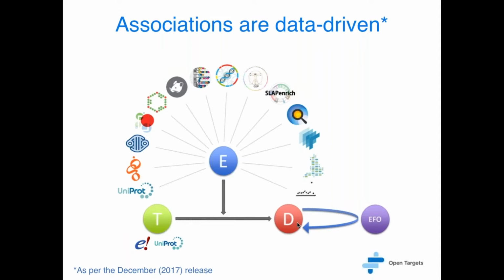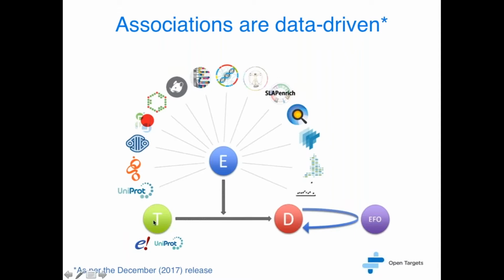So EFO is an ontology. It's the Experimental Factor Ontology. So it's the system that provides us with a standard nomenclature and hierarchy for diseases. So those are the 2 main entities within the Open Targets platform.